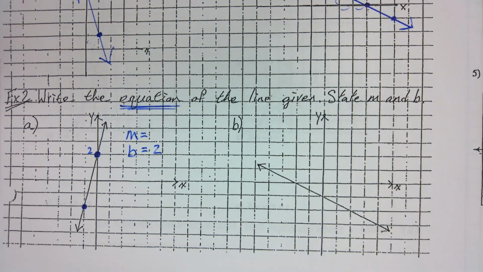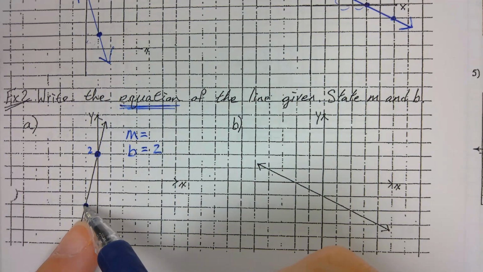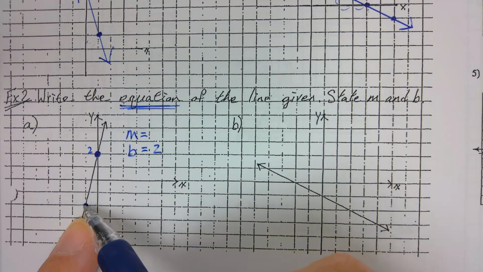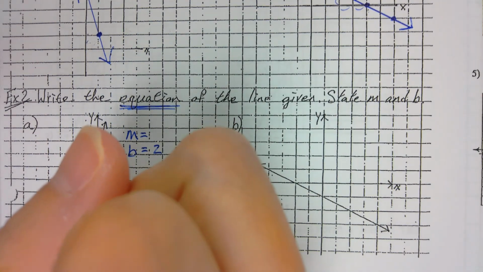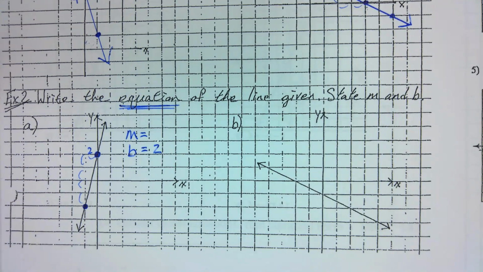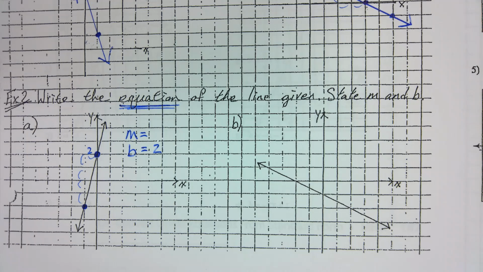From this point, remember we always want to go from the left point to the right point. So from here to here, what's my slope? What's my rise?